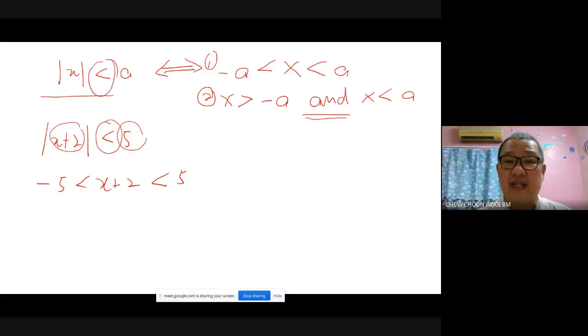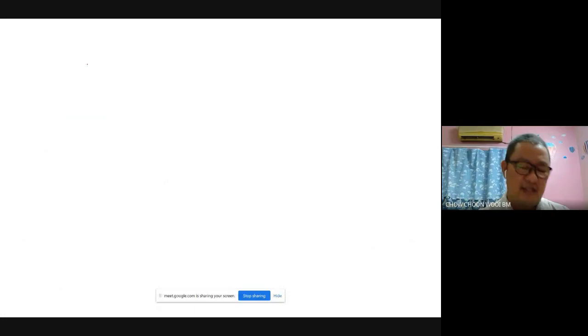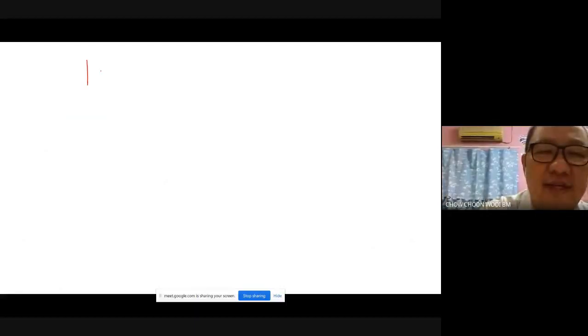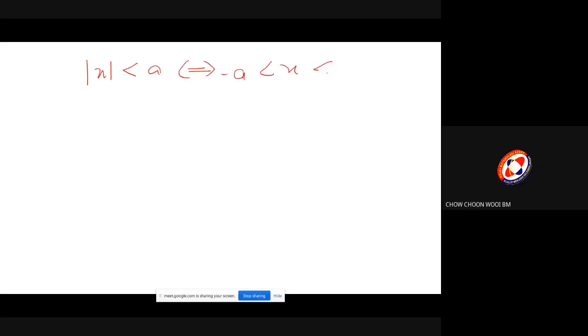Itu kita belajar equal kan. Sekarang saya bagi less than. Okay. Given modulus x, modulus of x is less than a if and only if x is greater than negative a and x is less than a.